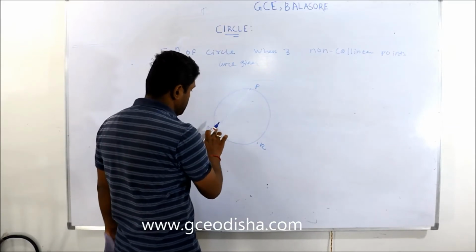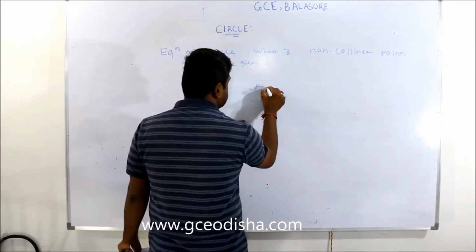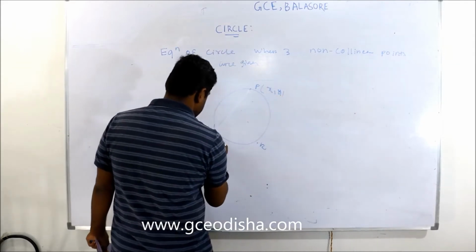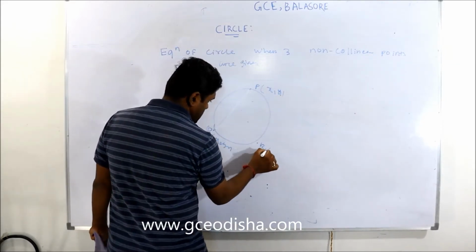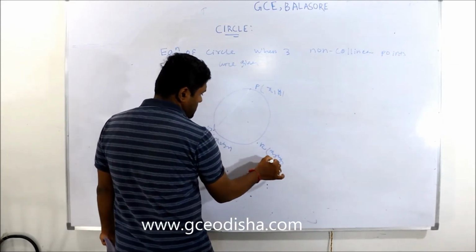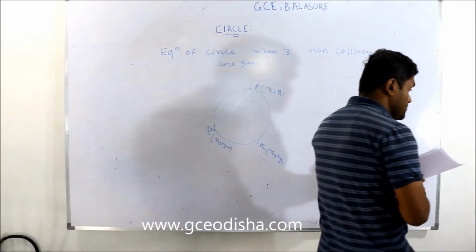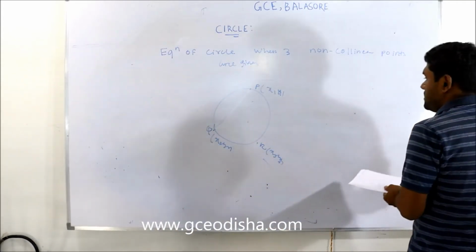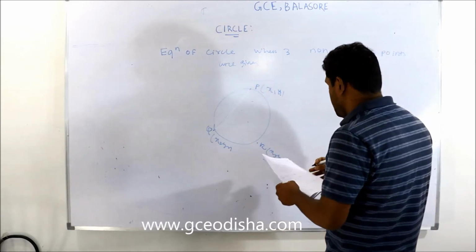This is the circle. Like some point is (x1, y1), some point is (x2, y2), and some point is (x3, y3). Find the equation of the circle when 3 non-collinear points are given.